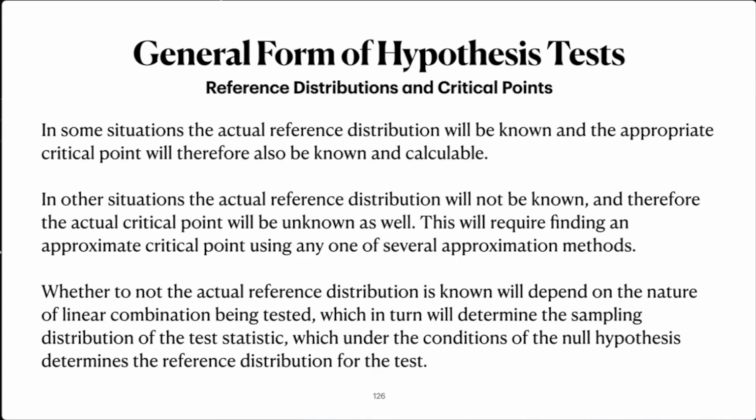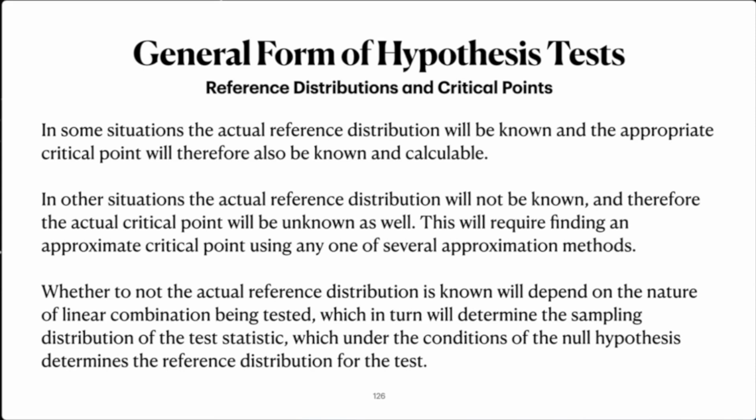Now, before we can talk about critical points, we need to talk about reference distributions and so forth. In some situations, in the context of what we'll be looking at, the actual reference distribution will be known, and the appropriate critical point will also be known and will be calculable. In other situations, the actual reference distribution itself will not be known, and therefore the actual critical point will be unknown as well.